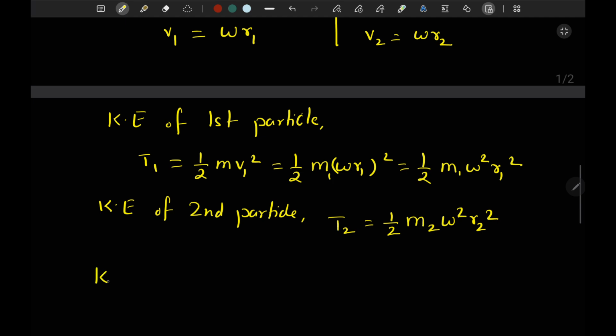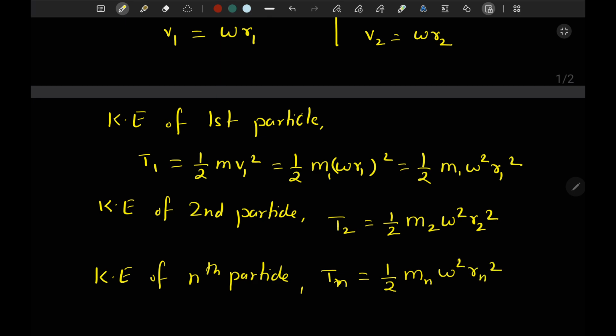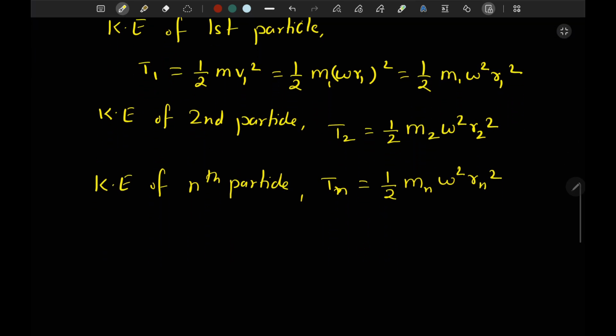And in the same way, kinetic energy of nth particle Tn is equal to 1 by 2 mn omega square rn square.